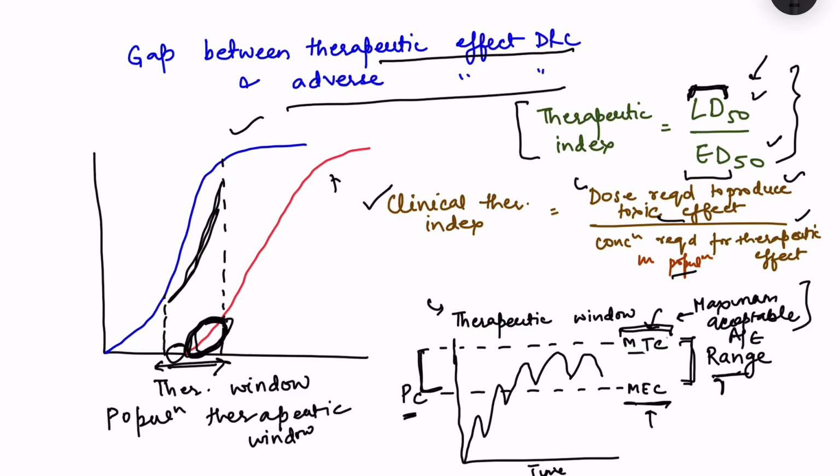So this is the population therapeutic window. We cannot extend beyond this. Suppose if we extend, then there will be a lot of population which will get this huge adverse effect. So that way we decide what should be the acceptable dose range for a particular drug, right? So that was about the dose response relationship.